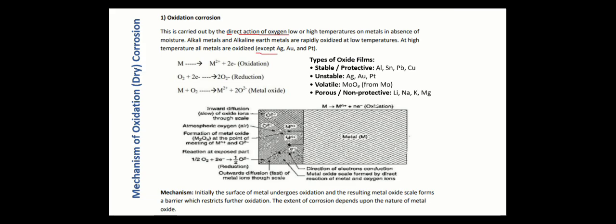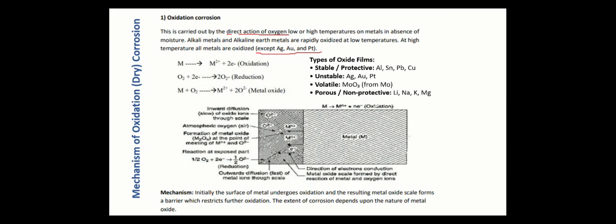A simple real life example is the formation of a dull white layer on magnesium ribbon when exposed to air. Even without moisture, magnesium reacts aggressively with oxygen, forming magnesium oxide.